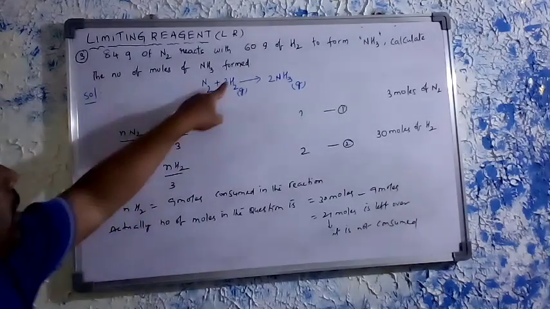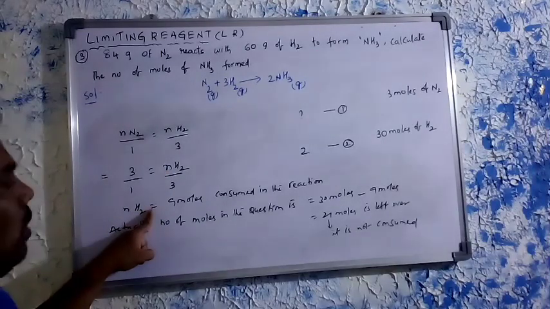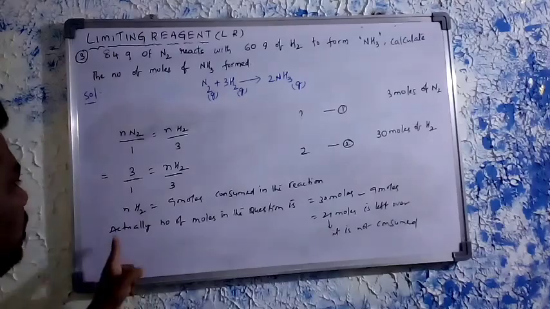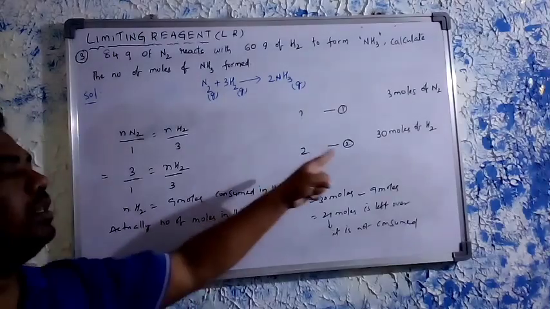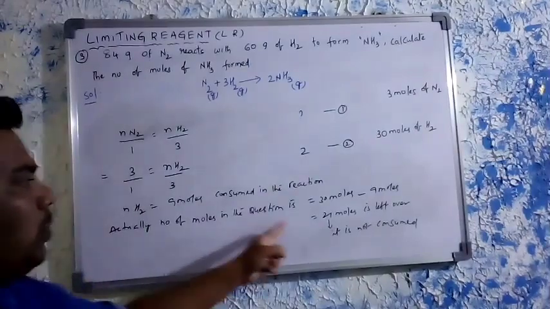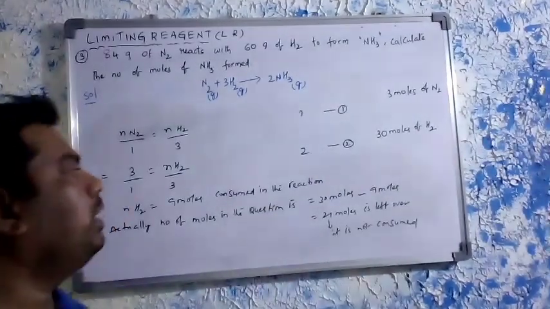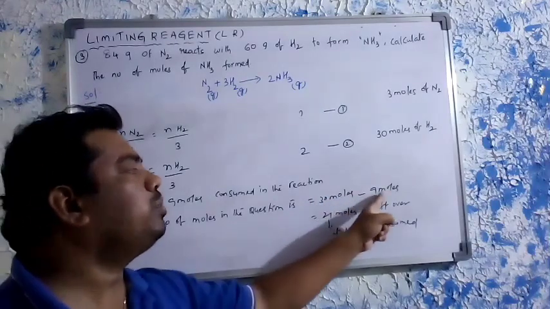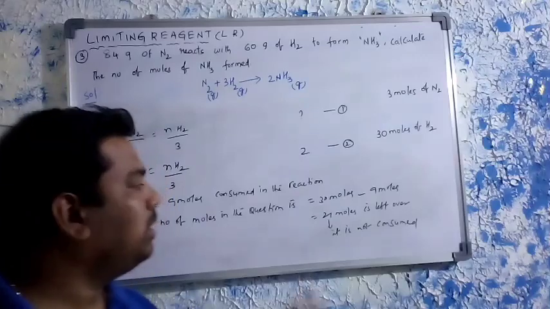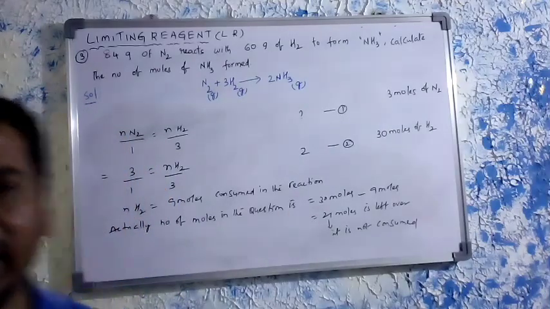The stoichiometric coefficient is 3, so the number of moles of hydrogen consumed in the reaction is 9 moles. In the given question we have 30 moles of hydrogen. So the amount of hydrogen left over in the reaction is 30 moles minus 9 moles, that is 21 moles left over. That means it is not consumed in the reaction. Thank you.